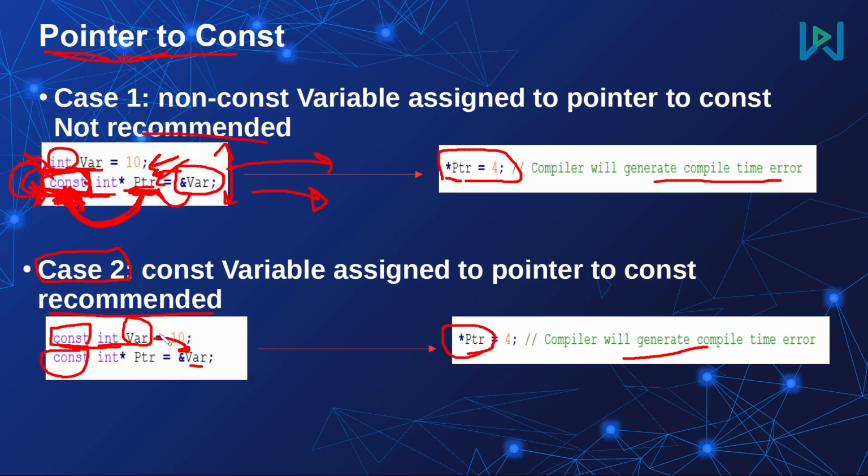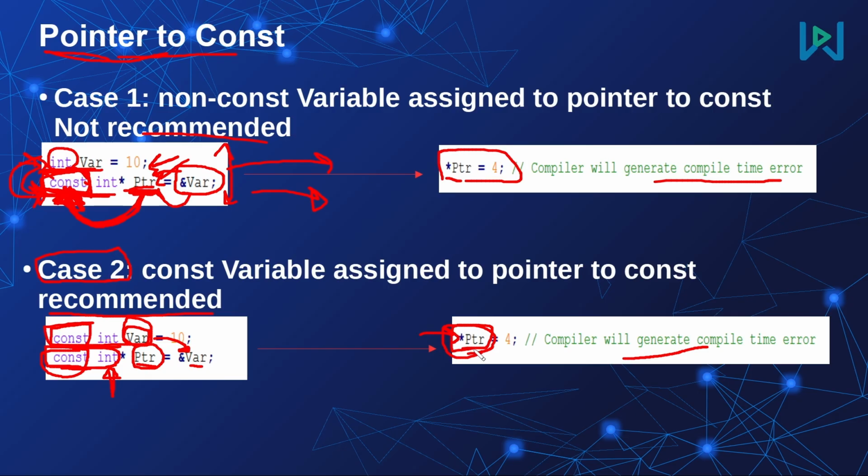So if we try to update this variable directly, we'll get a compile time error because we are trying to update a const variable. And here, if we try to update the content of this variable through the pointer, using basically this syntax, then we'll get as well a compile time error because the compiler sees that the pointer should point to a variable of type const integer, and hence we cannot update this variable pointed by our pointer via the pointer itself.